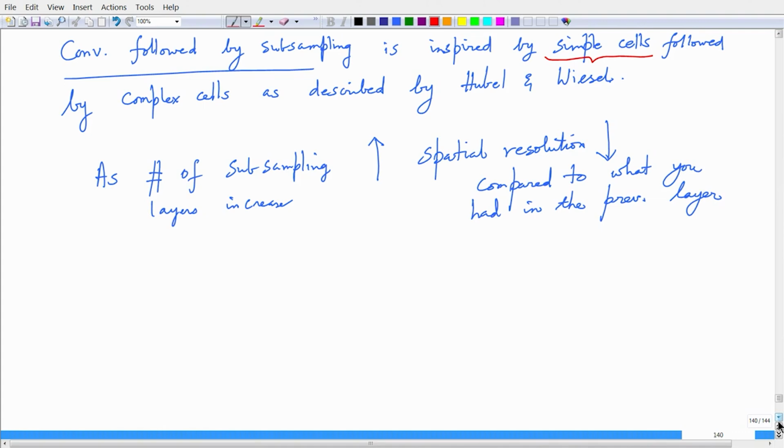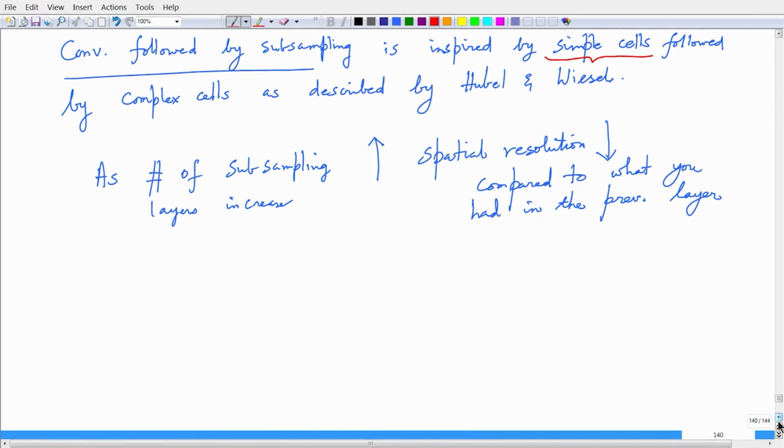And as the number of subsampling layers increases, that means I am going down the hierarchy from convolution, subsampling, and so on in this cascaded manner, the spatial resolution falls down, which means the spatial resolution of a layer deep down through this convolution followed by subsampling is less compared to what I had in the previous layer.